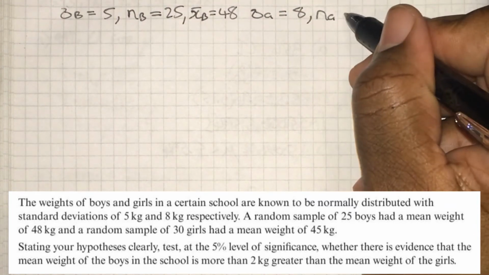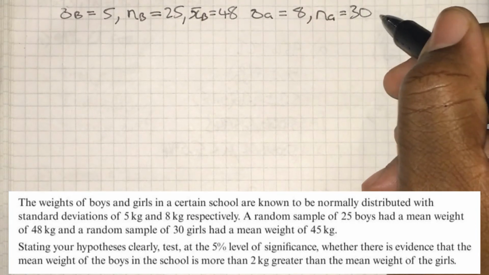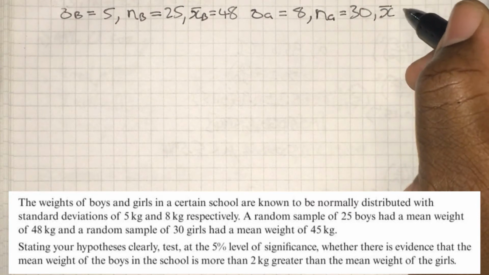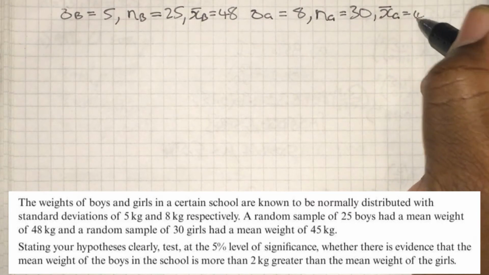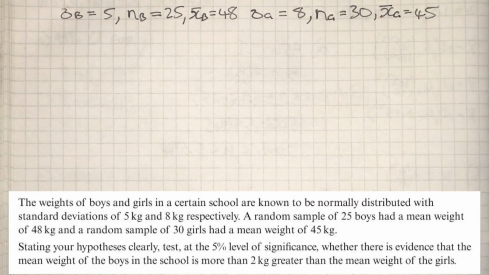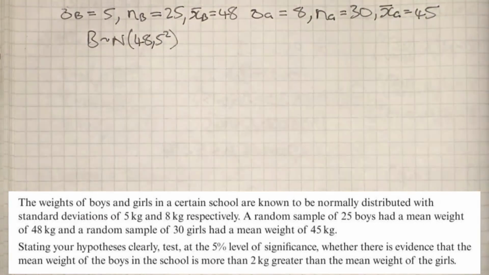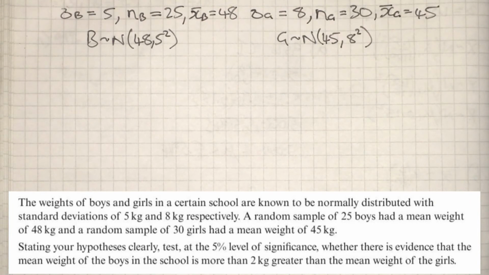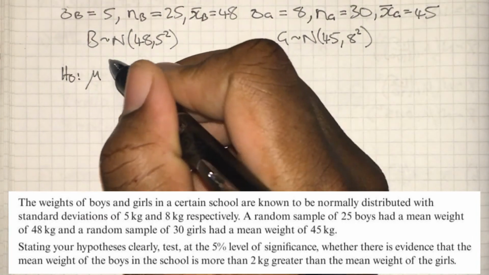So the whole setup is going to be very similar. It's in our hypothesis that we're going to see the difference here. So I'll speed through this so we can just get straight to those hypotheses. Okay, so the null hypothesis this time is that the mean of the boys is equal to the mean of the girls plus 2.